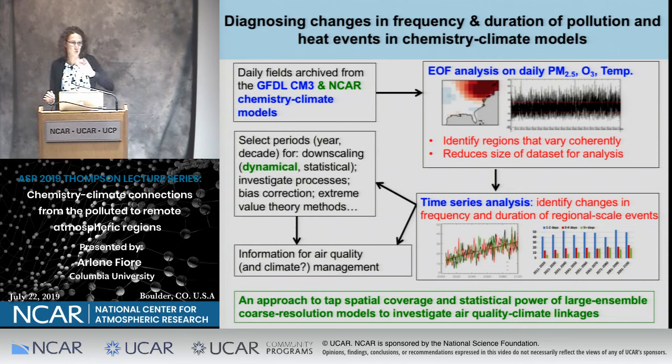One is to build up more of a probabilistic framework by extending from our 3 ensemble member set to something more like a 15 or maybe 20 ensemble member set that's available here at NCAR, through some simulations that Jean-François Lamarque had run a couple years ago, where they did something similar and held aerosols constant and ran out over the 21st century. We think that would give us a broader sense of how these high events are changing, so that we could place our 3 GFDL ensemble members in the context of that larger probability distribution.